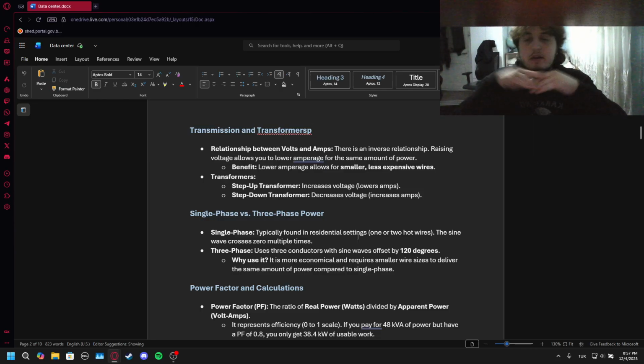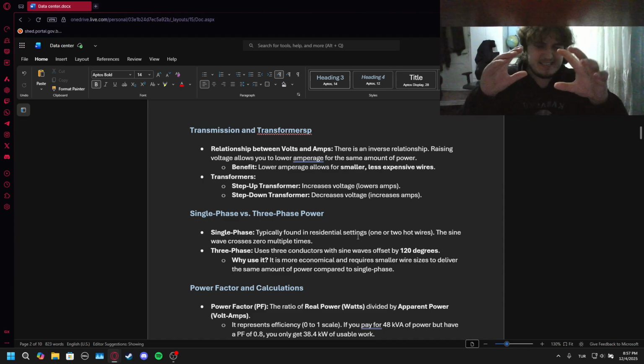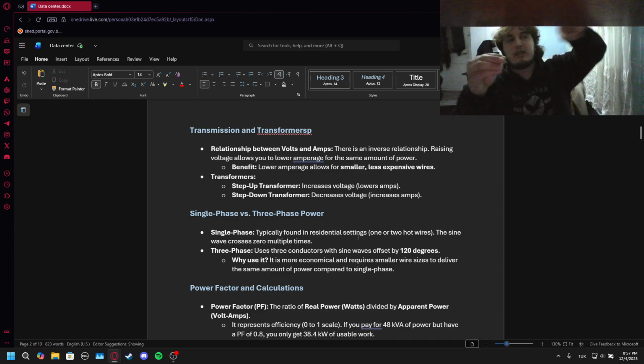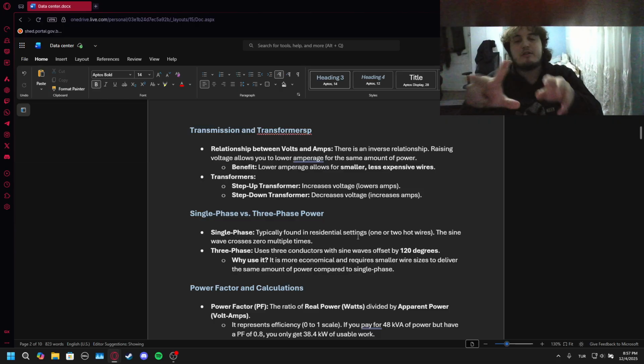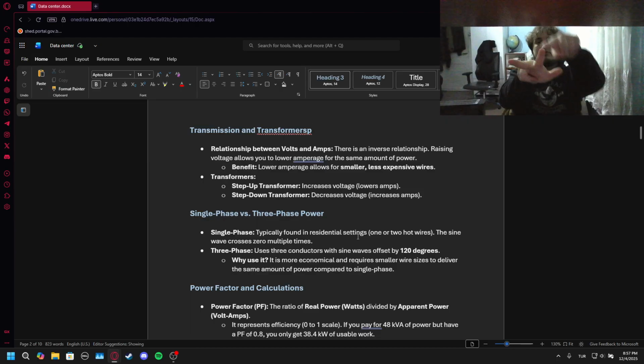If you were to use a single line that is just going along like this, you would have a single phase, but you put three wires, and all of these are 120 degrees different from each other. Let's say like this, one, two, three.